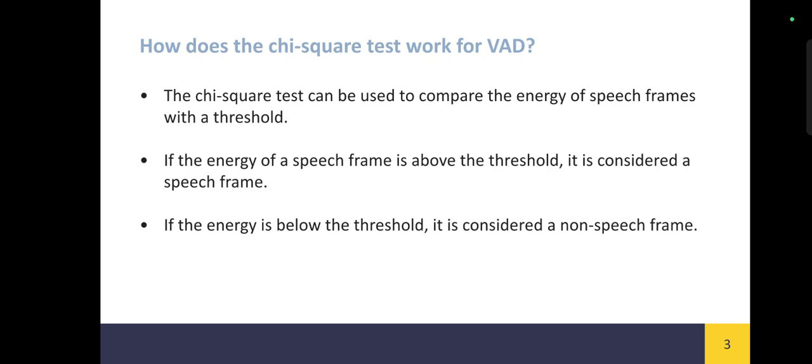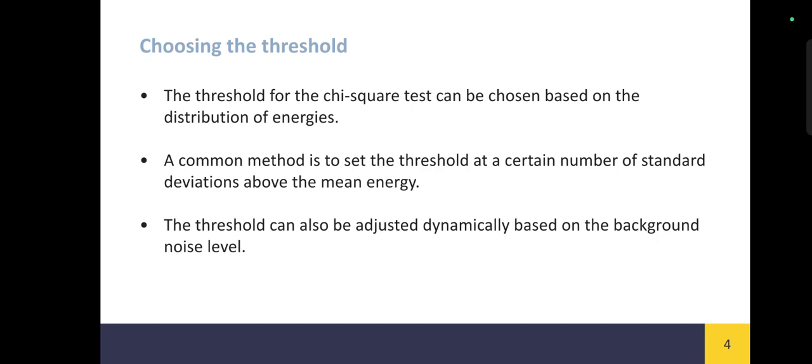Now, moving to another slide. How to choose the threshold? This is an important topic in voice activity detection. The threshold for the chi-square test can be chosen based on the distribution of energies.